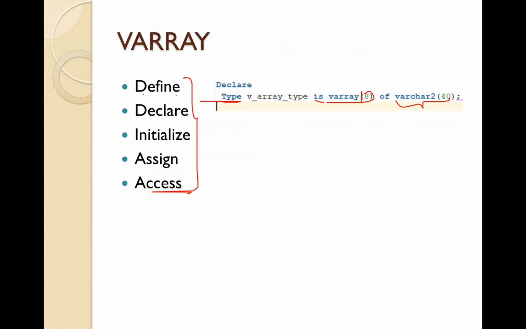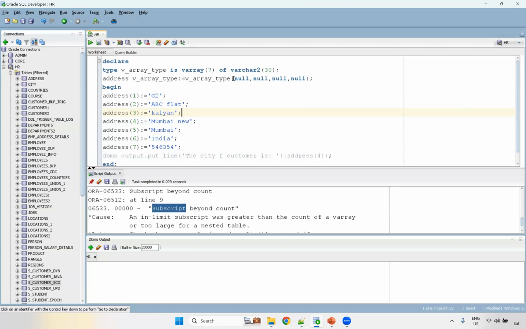First you have to define it, declare, initialize, assign, and access it. If you don't initialize, the collection cannot be used. Initializing the value with null, but if you want to initialize with any other value, yes, you can. So how can we pass the value dynamically?